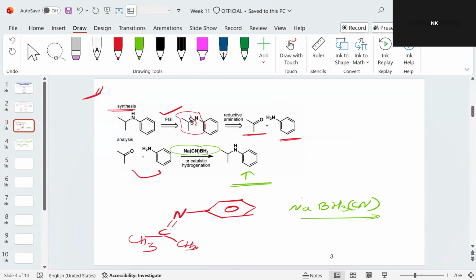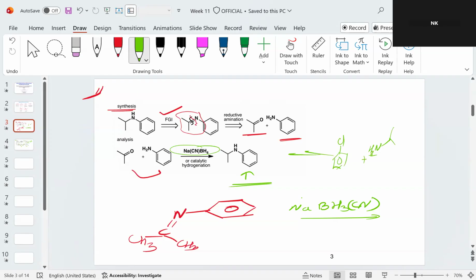In the last case also, we can potentially use a similar approach. If you have the chlorobenzene and you use this amine and do the coupling reaction, we can get our target material. Which coupling reaction is this?